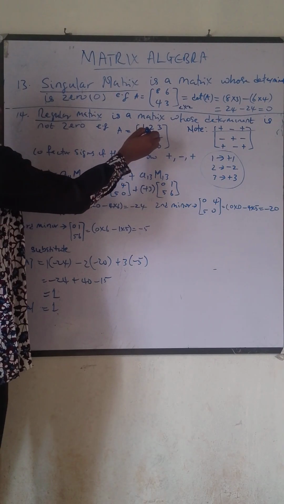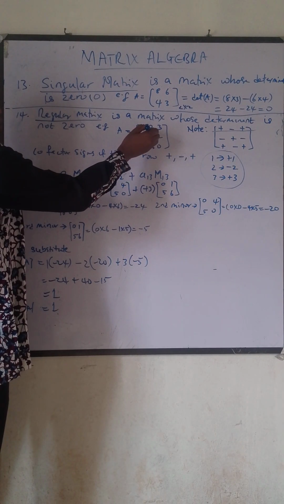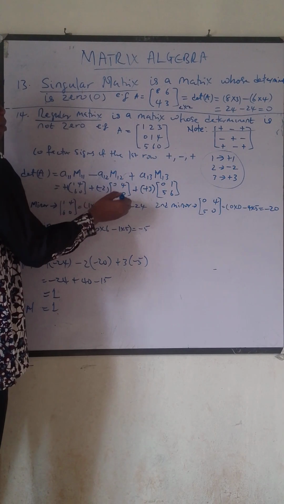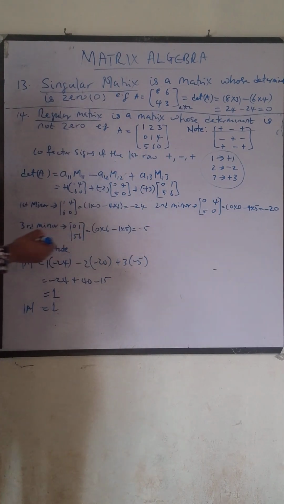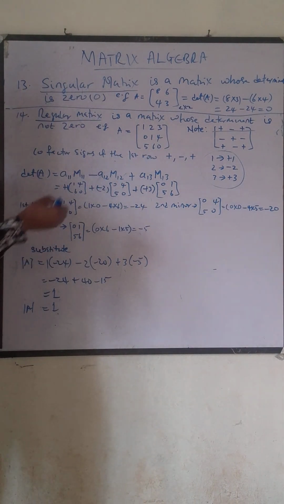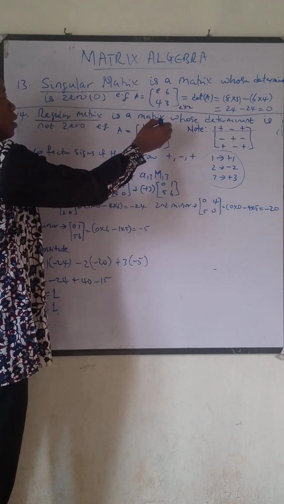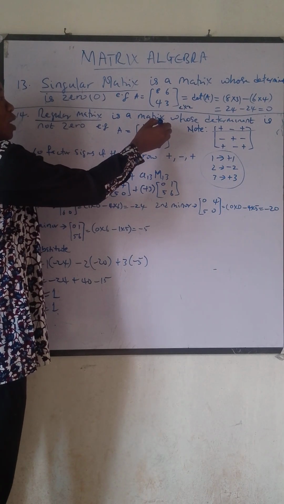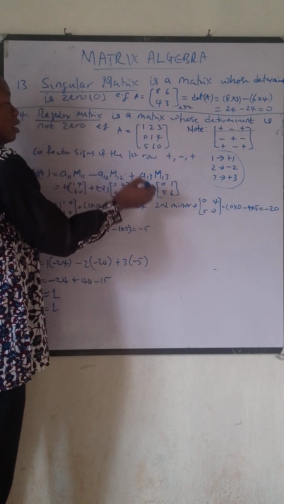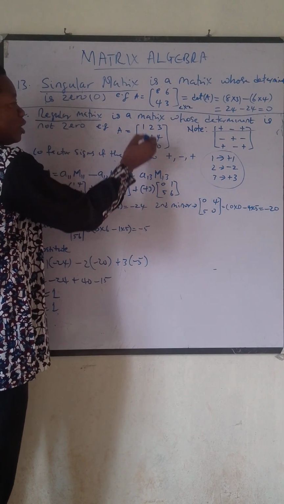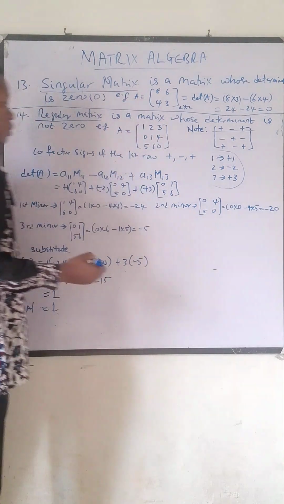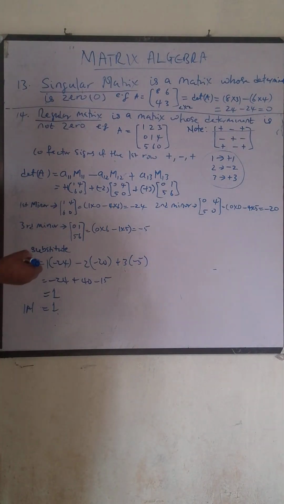Plus minus 2 multiplied by the second minor. Are you with me at all? All right. Then we go to 3, right, multiplied by the third minor. So I just explained it so that everybody can get it.